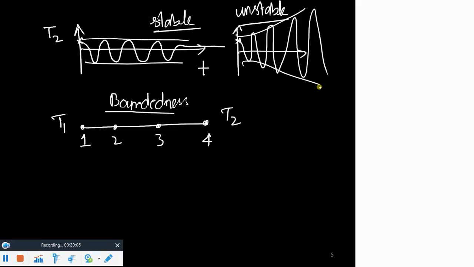This one is not bounded, it is expanding. So stability is a kind of boundedness; the solution needs to be bounded. If your solution is unbounded, it would go to infinity after some time, with values like 10 raised to the power 19, 20, whatever. So this is about the stability condition.